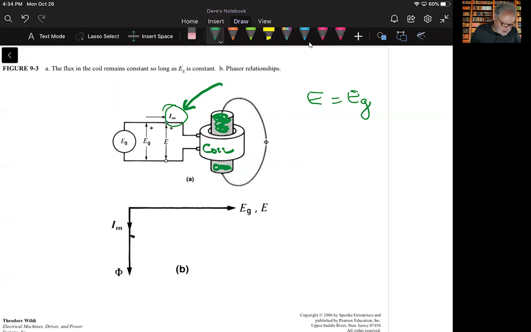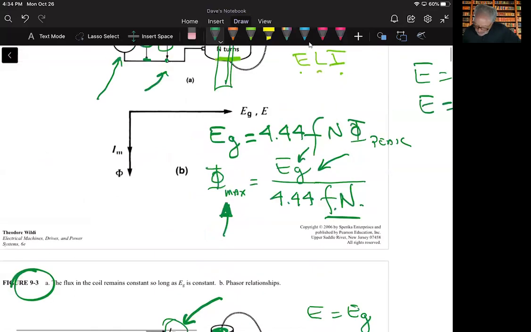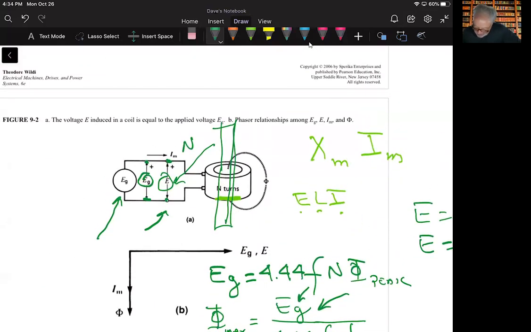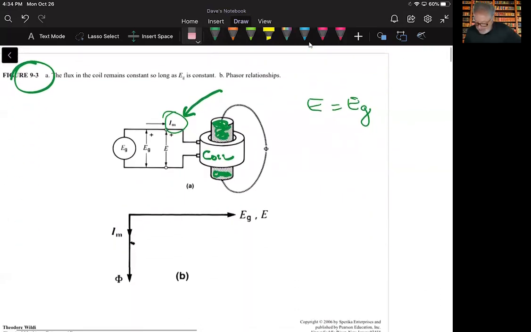Consequently, the magnetizing current is much smaller in 9.3 than it would be in 9.2 without the core. Okay? So one thing we'll look at as we get into more particulars of our transformer is that we can make transformers better with materials that we supply, and this is one example of that. Okay, so let me stop here before I drag this on too far, and then I'll do a second video where we'll work example 9-2.